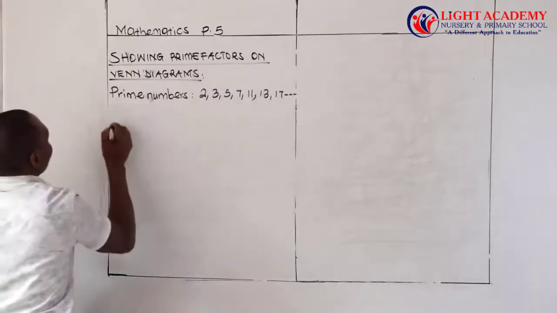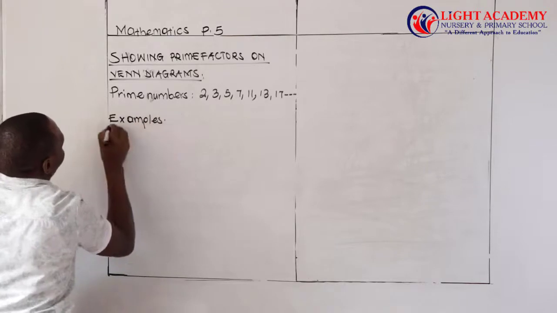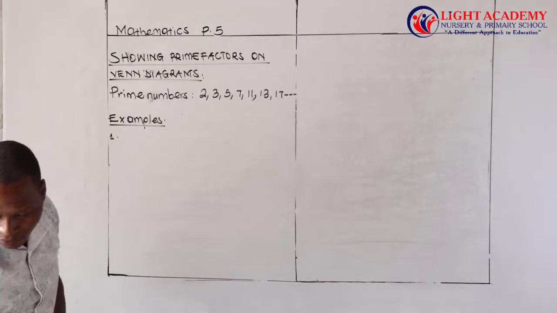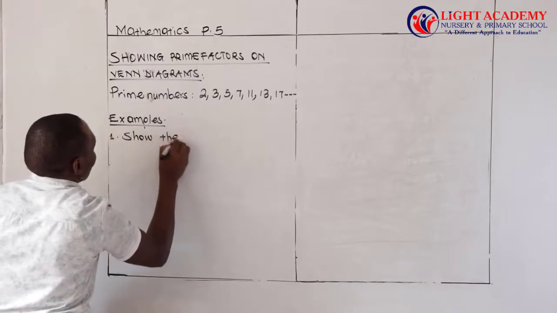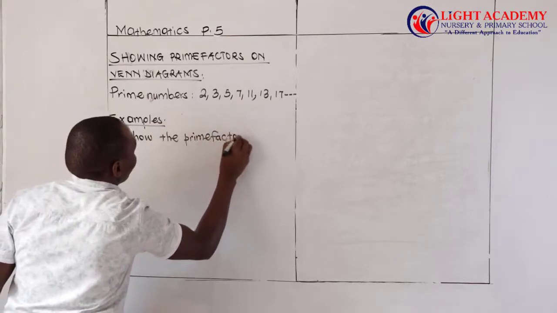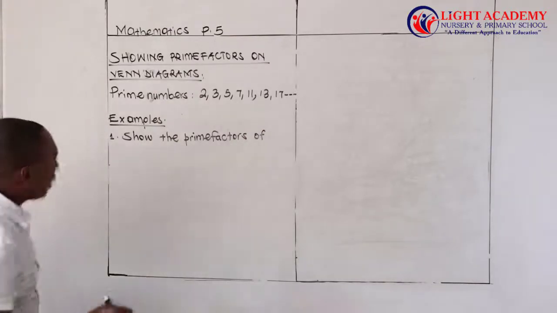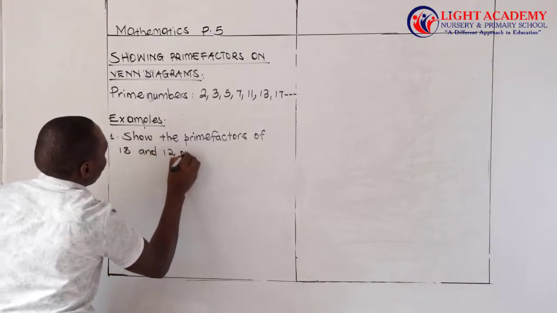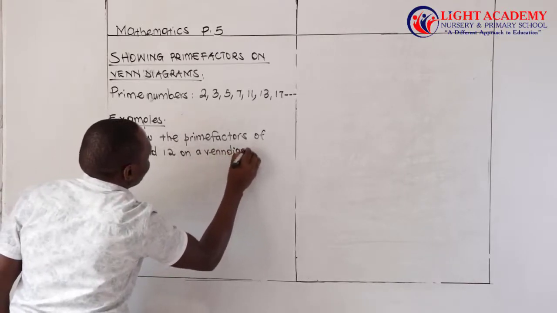For example, we can have some examples here. Like the first question here says, show the prime factors of 18 and 12 on a Venn diagram.